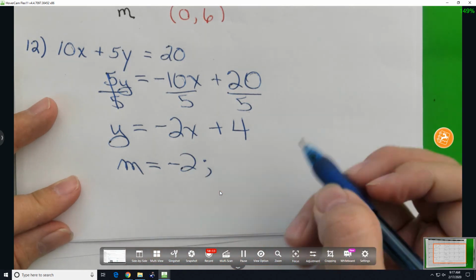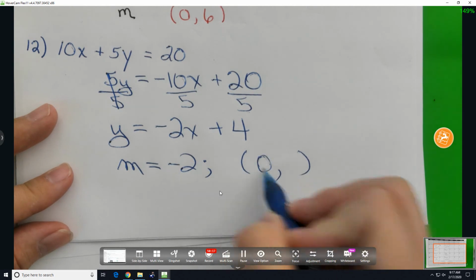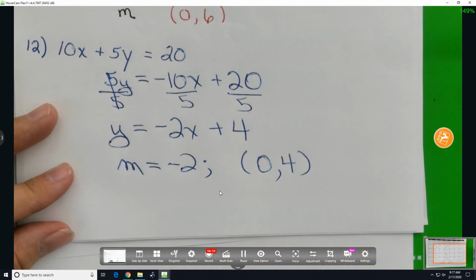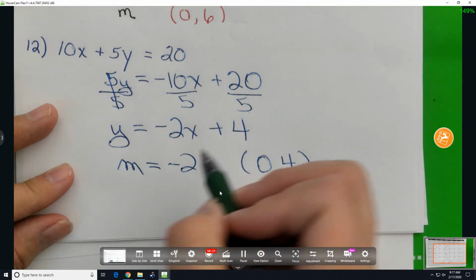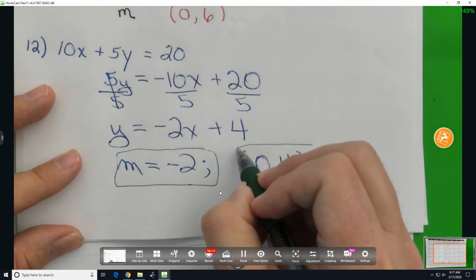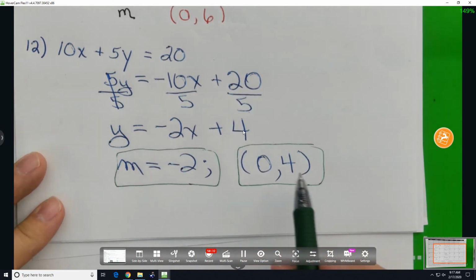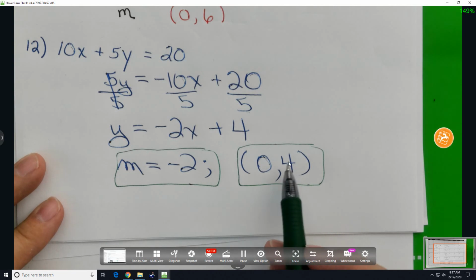Now the y-intercept, I'm going to have to write it as an ordered pair, 0 and 4. The y-intercept has the number as the y value, okay? The other thing, the x is the 0, okay? There's the y-intercept, the number is the y value.